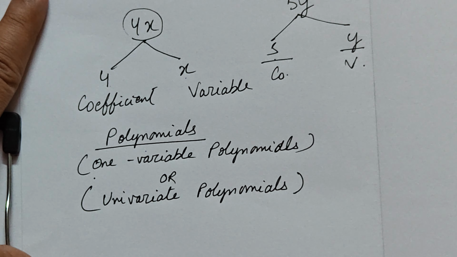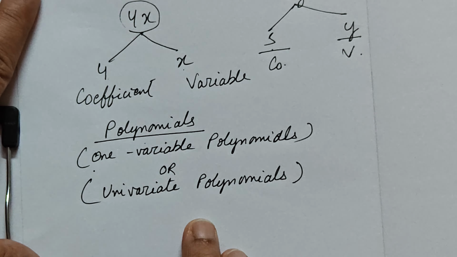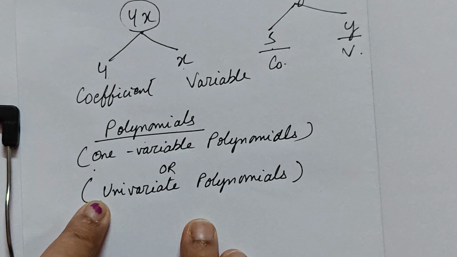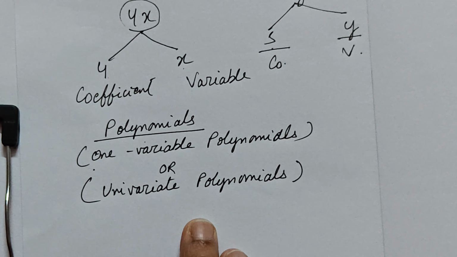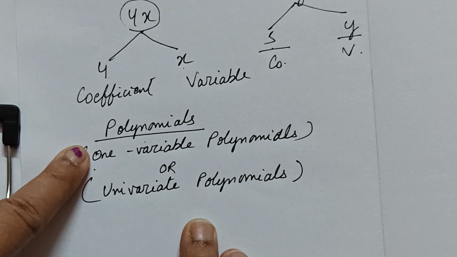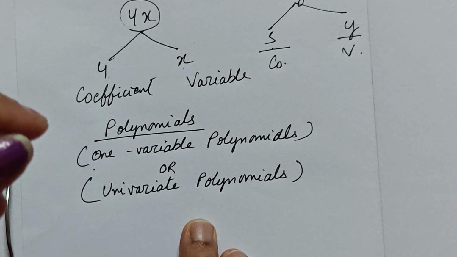If the expression contains y, then throughout the whole expression all terms will contain y. That is called univariate polynomials. So any algebraic expression that involves only one variable is a univariate polynomial, or you can call it a one variable polynomial or simple polynomial.